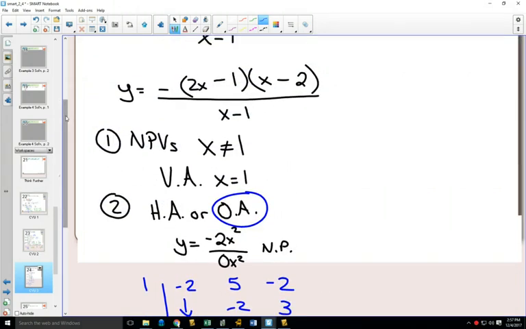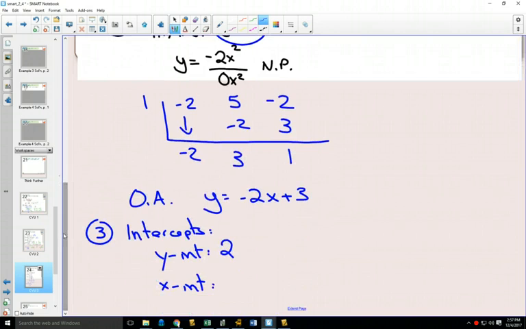The only place a fraction is equal to 0 is if the numerator is equal to 0. So if I look at my numerator, which is already factored, what would make that 0? So you have an x-intercept at 2 and 1/2.